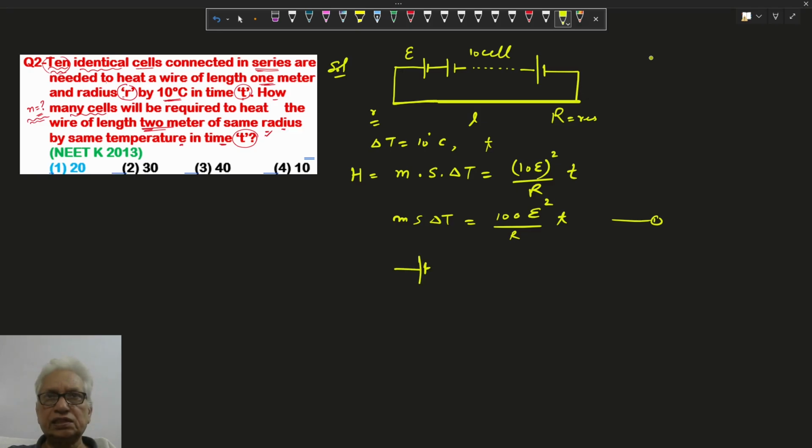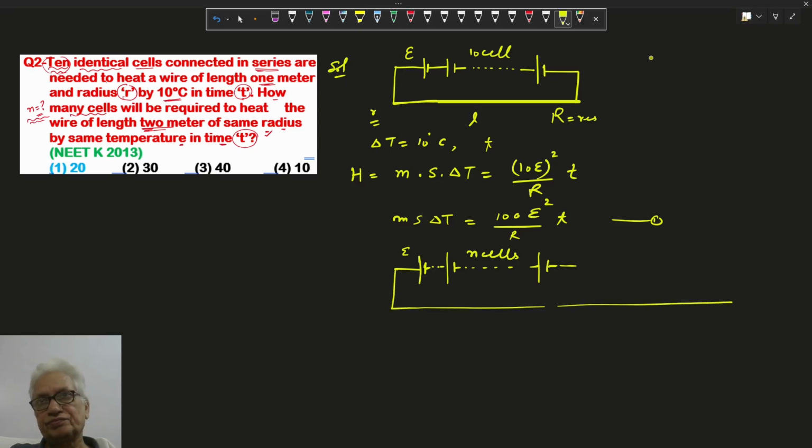Now the second part: here we take n identical cells. The number of cells required here is n cells, and now the length is double. As the length is double, the mass is also double.